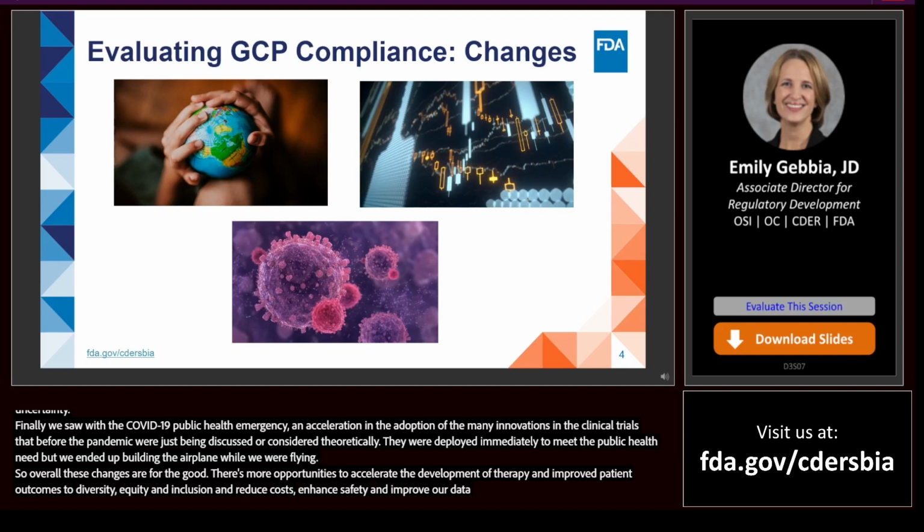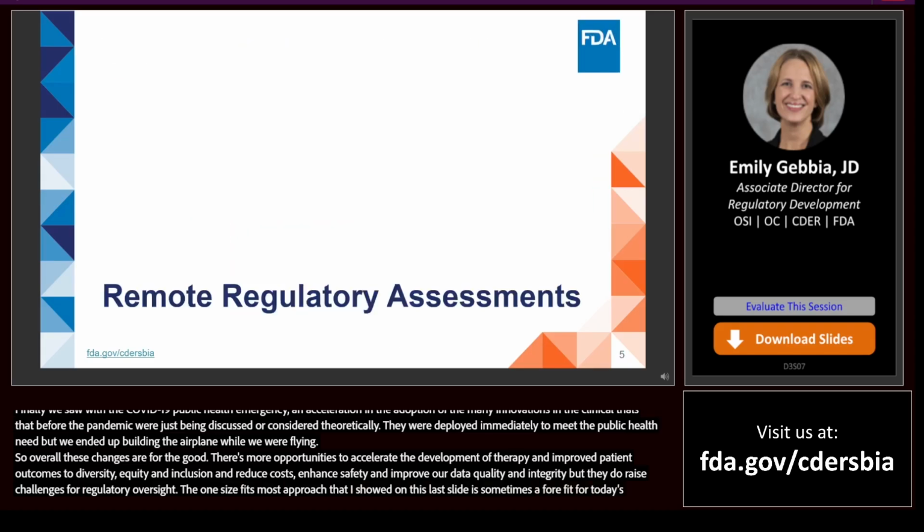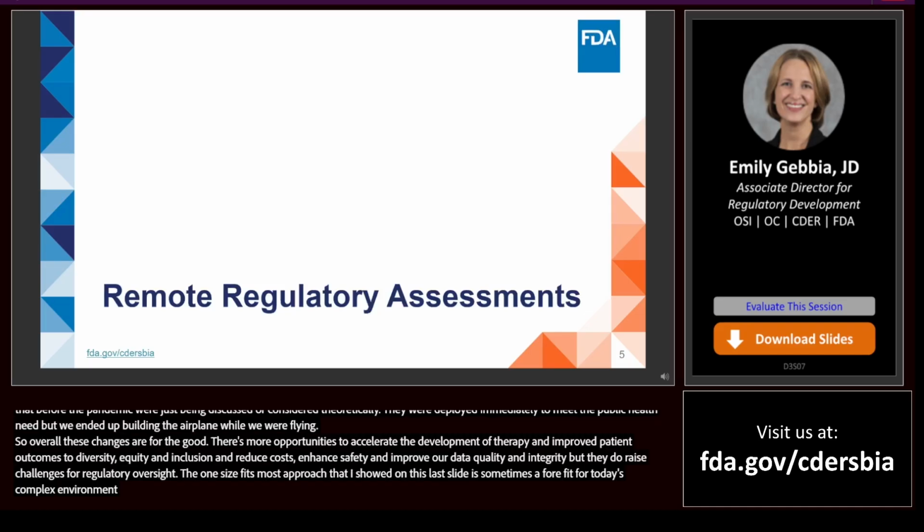But they do raise challenges for regulatory oversight. The one-size-fits-most approach that I showed on the last slide is sometimes a poor fit for today's complex global environment. So we're going to talk about some of the ways that FDA is addressing this.